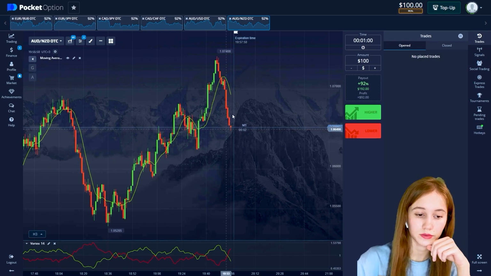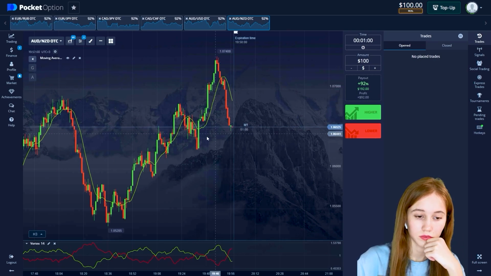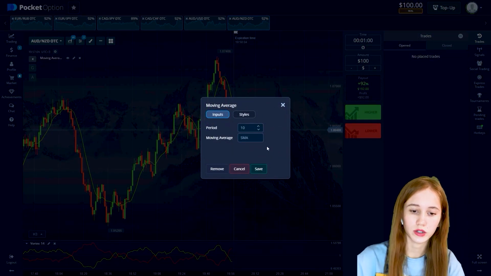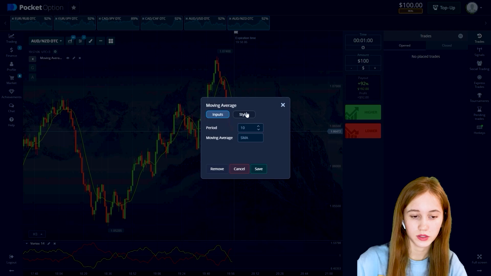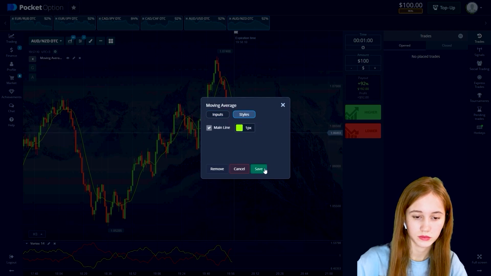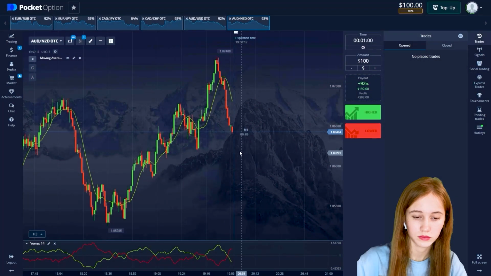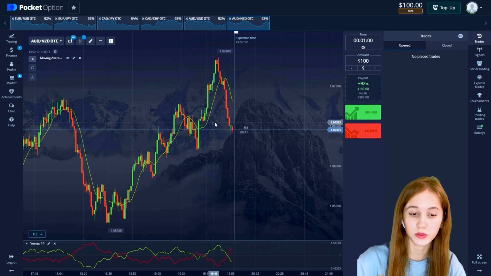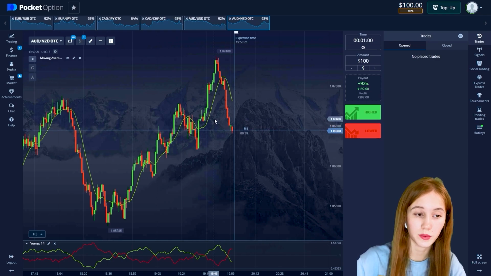Moving average, it's a green line on our chart, and these settings. This is our technical indicator, shows the average price of an instrument over a certain period of time.